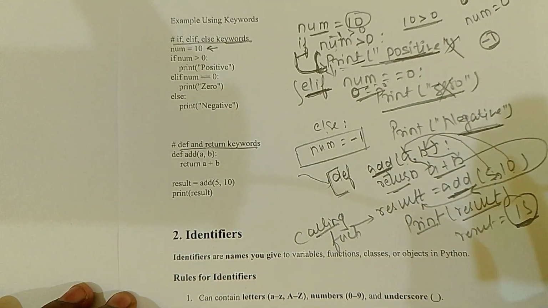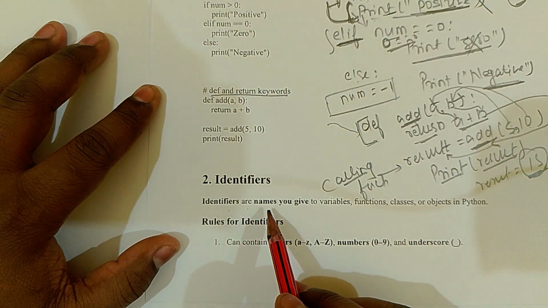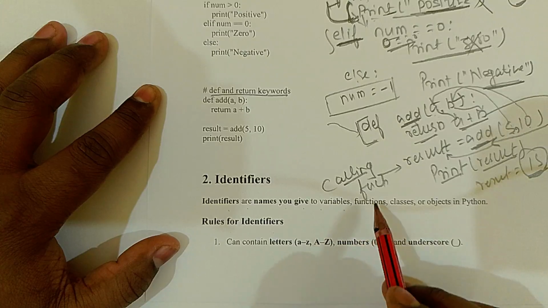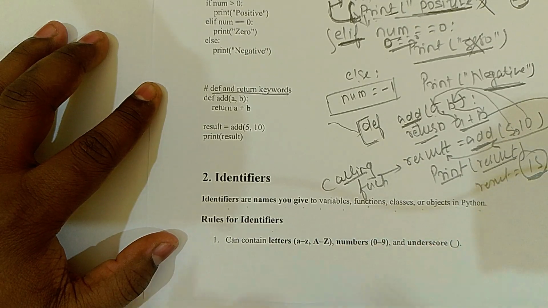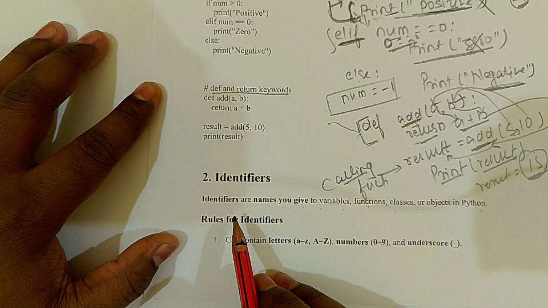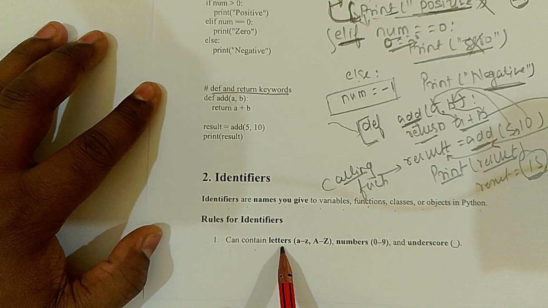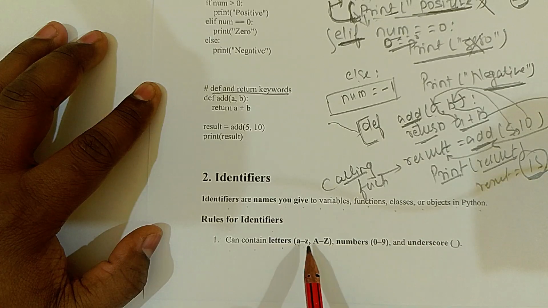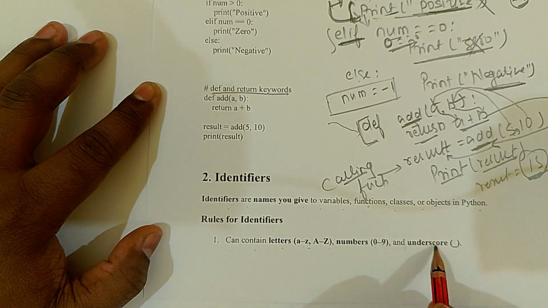Now let's talk about identifiers. Identifiers are the names you give to a variable, function, class or object in Python. There are some rules for making an identifier. It can contain letters a to z in small and capital, numbers 0 to 9, and underscore.